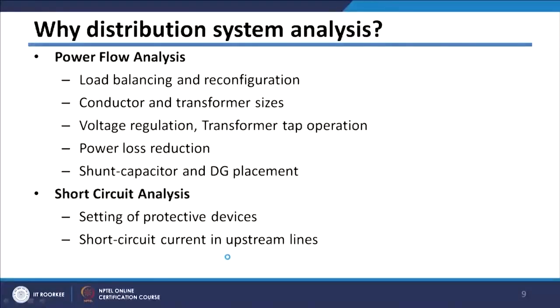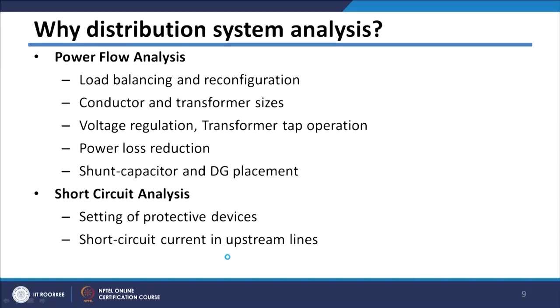Now, we will see where distribution system analysis is required, or where it is applicable or used. So, as I told you, the basic analyses are load flow analysis and short circuit analysis. Load flow analysis is required for taking various decisions during the operational stage of the distribution system as well as the design stage.